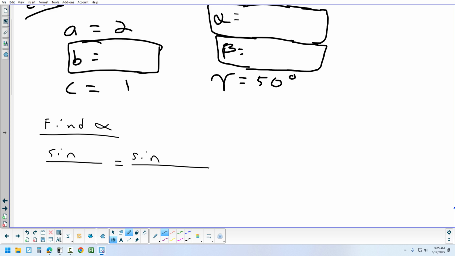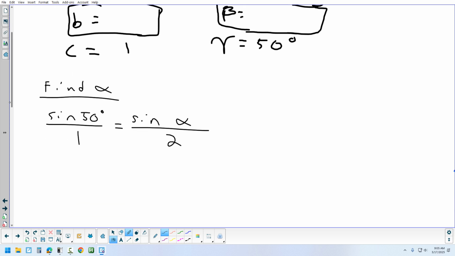Sine of 50 degrees over 1. Yep, sine of 50 over 1. So dividing by 1, that doesn't even change anything. So that's going to be an easier fraction to work with. And what's going to go on the right? Right, sine alpha over 2.